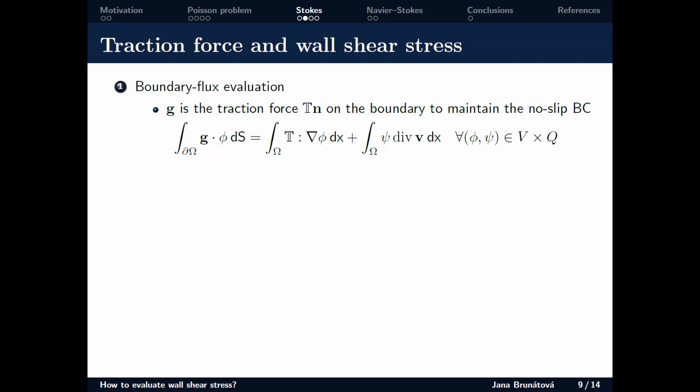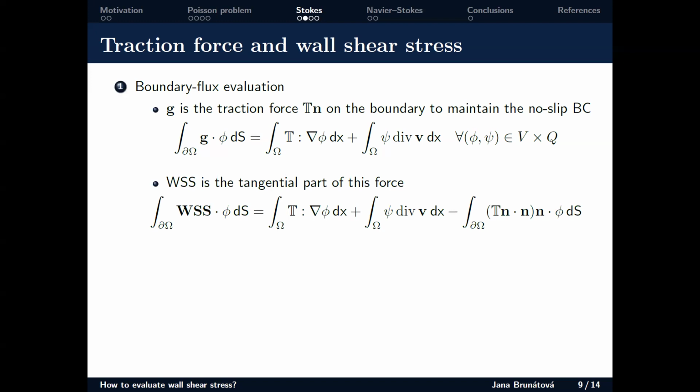So to evaluate wall shear stress, we somehow need to obtain just the tangential part. So our idea was to simply subtract the normal part of the traction force from the right-hand side. And for this, we use the formula for Cauchy stress, right?